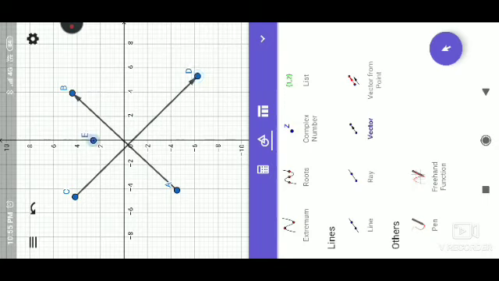this is ray EF. It is also passing through this point. Suppose this line EF is passing through this.